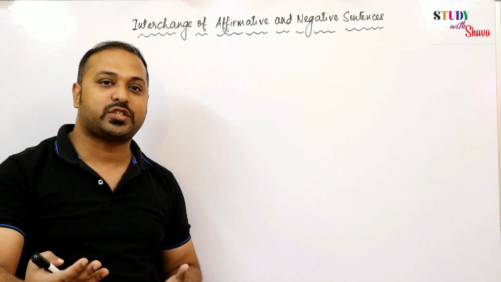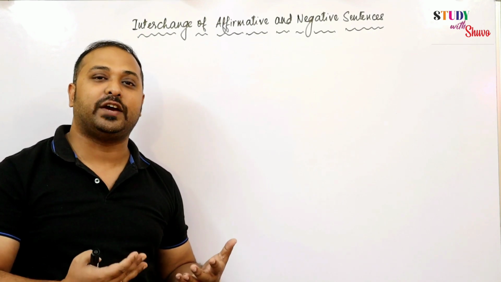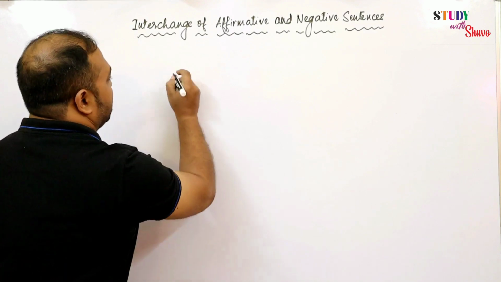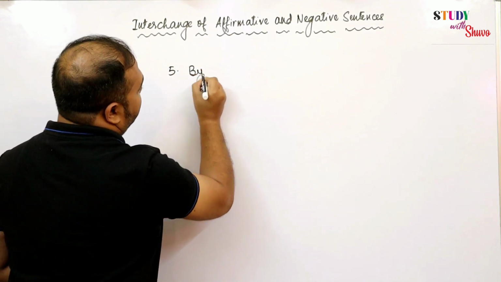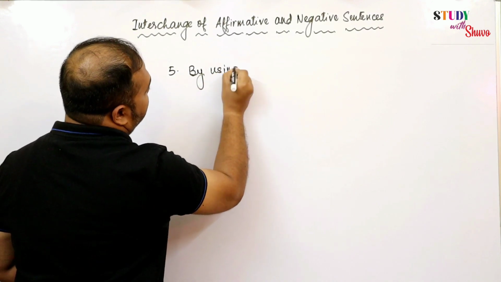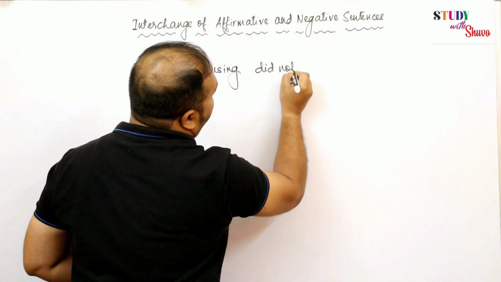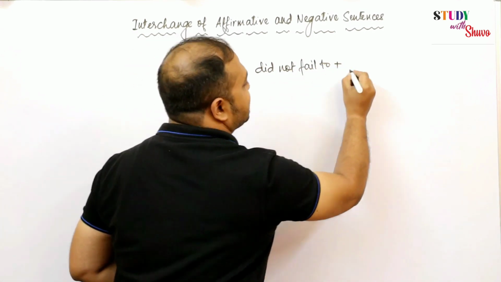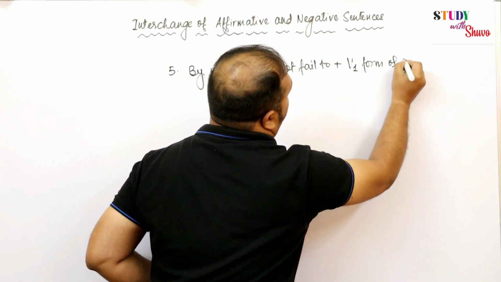Now, I will request all of you to please look at the last and the only left out rule of this particular sequence. The fifth rule states, by using did not, fail to, plus V1 form of the verb.